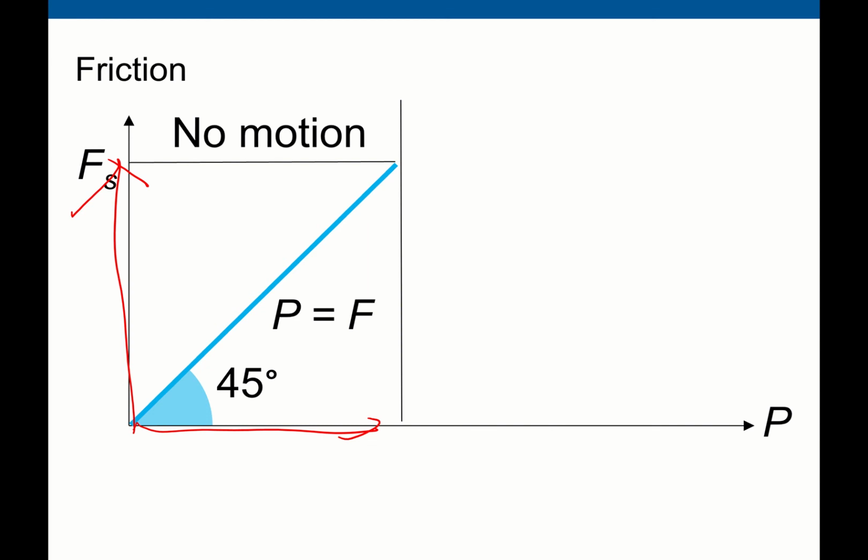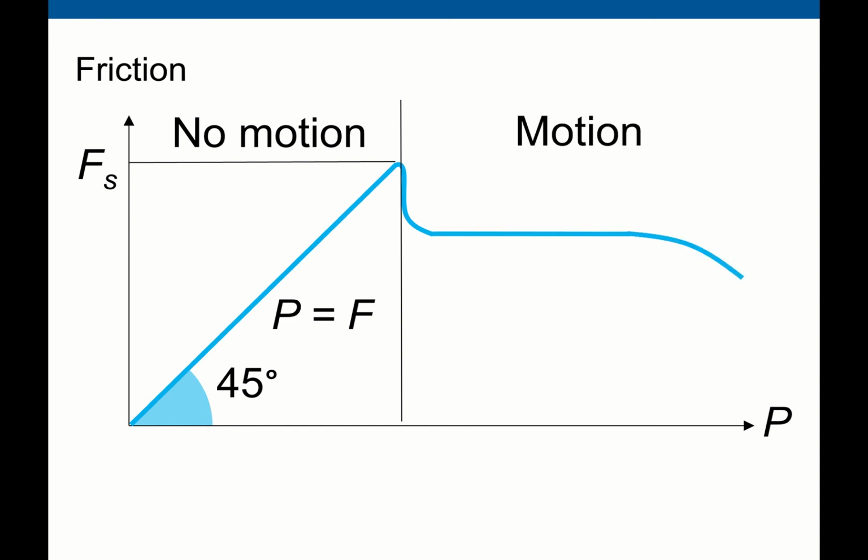But once your pulling force reaches the maximum frictional force that the object has, each object has a different frictional coefficient, which means each object has a different maximum frictional force. So once your pulling force reaches the maximum frictional force, then it will start to move. So there is motion.